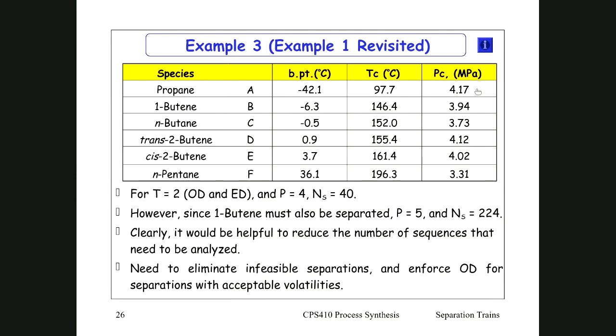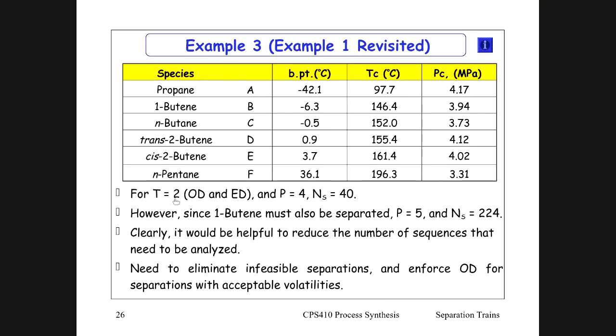I was talking about how organic molecules tend to be in the same range of critical pressure, which is above 30 bar and below 50 bar, essentially. The highest one is 41.7 bar, and the lowest one is 33 bar. So this is the reason that you don't go more than about 29 bar pressure if you want to design a distillation column, because you want to keep well away from the critical temperature and pressure of the system. Okay, that's just an aside.